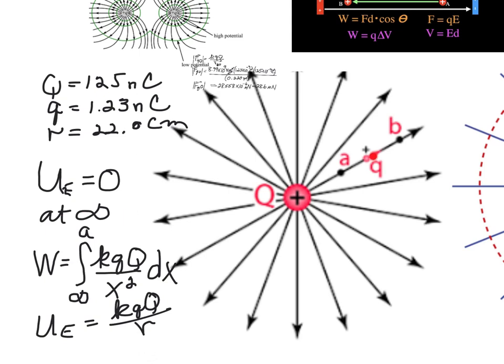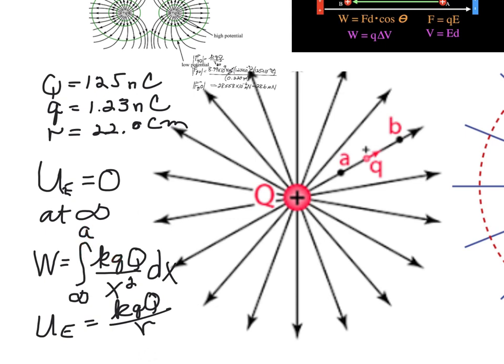And the equation for calculating the amount of energy stored between two charges is derived by putting this charge far away, and let's just, for simplicity, move it in from infinity along the x-axis. So we're going to calculate the work it takes to bring the charge from infinity to whatever position, A, B, or the current position. We're going to integrate from infinity to that position.